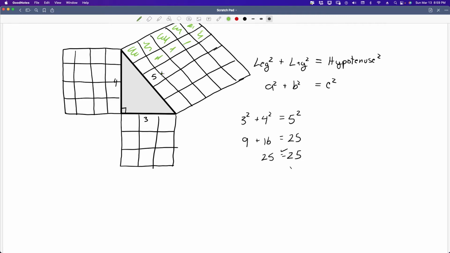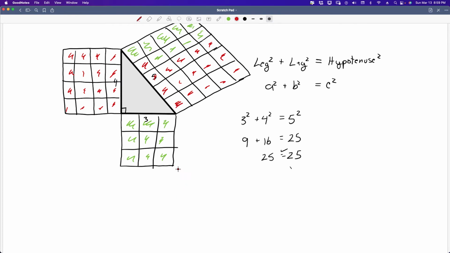We have 9 squares. That's this side right here in green: 1, 2, 3, 4, 5, 6, 7, 8, 9. And over here we have 16: 1, 2, 3, up to 16.